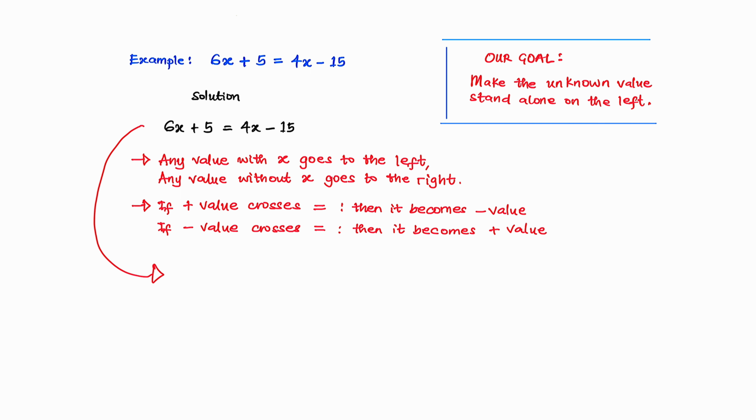So applying the two concepts that we've learned just now, we will have 6x as the first value. 6x already has an x in it and it is on the left, so we keep it on the left. Next, we look at the equation again for any other value that has x in it. 4x has x in it, so we need to bring this 4x to the left.